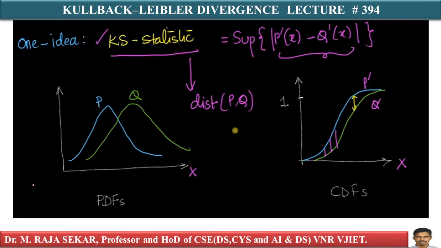Now what does the KS statistic say? What is the definition of the KS statistic? It is the supremum, or maximum, of P dash x minus Q dash x. For all possible values of x, you calculate P dash x minus Q dash x and identify the maximum value.